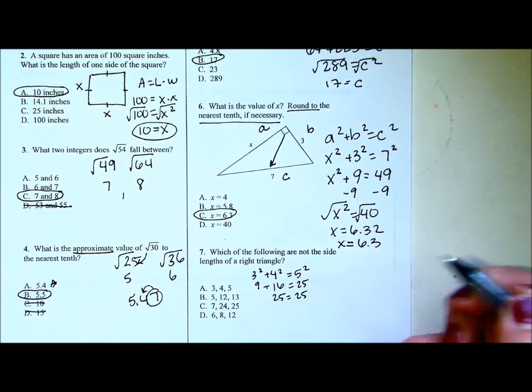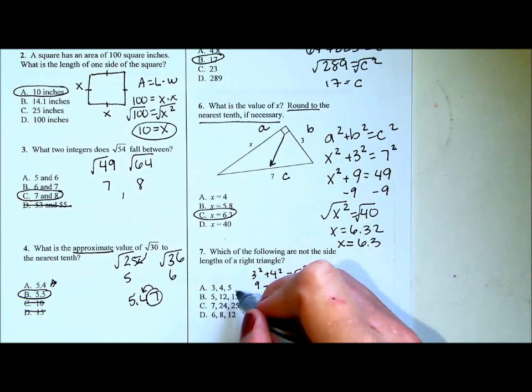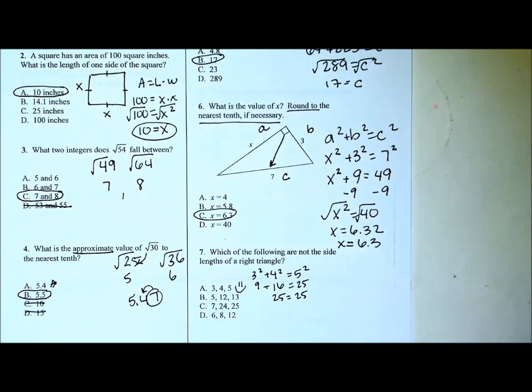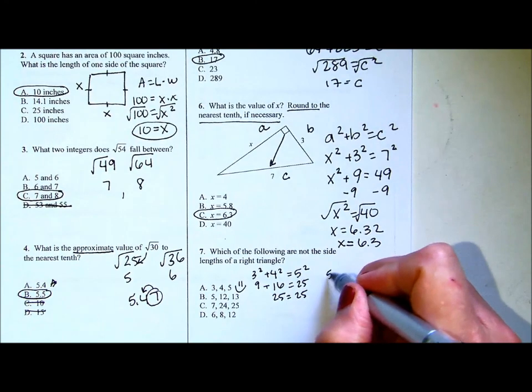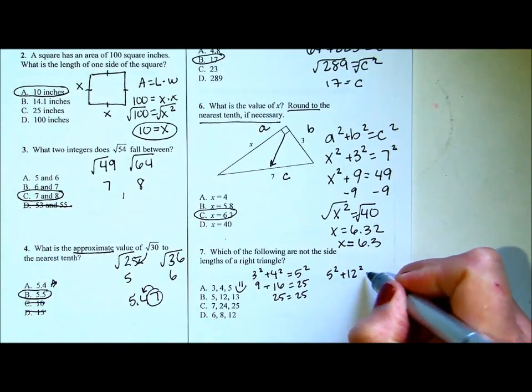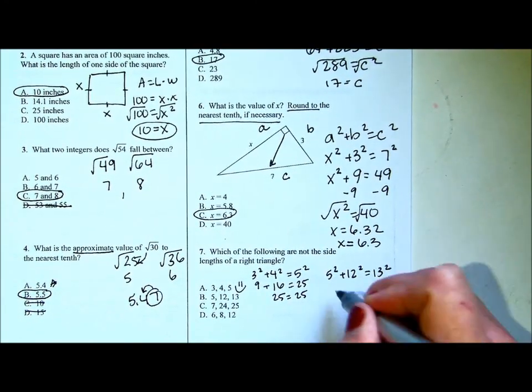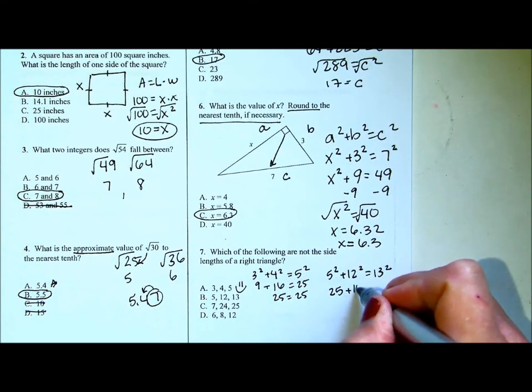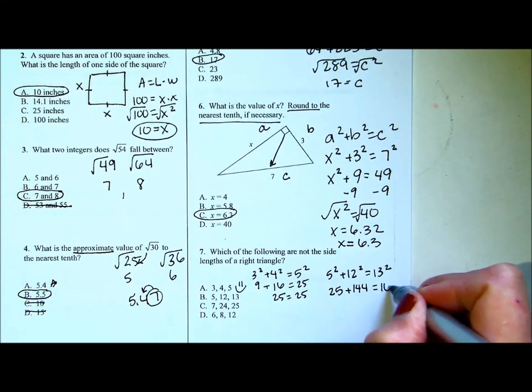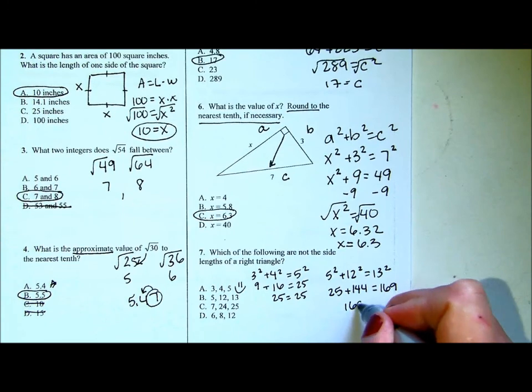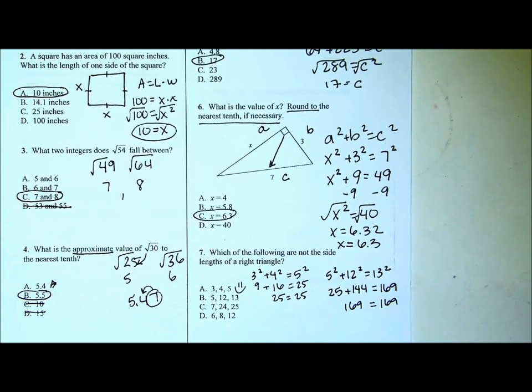Yeah, A is a possibility. Next, 5, 12, and 13. So I'm going to go 5 squared plus 12 squared equals 13 squared. I get 25 plus 144 equals 169. I get 169 equals 169. So far, that one's good.